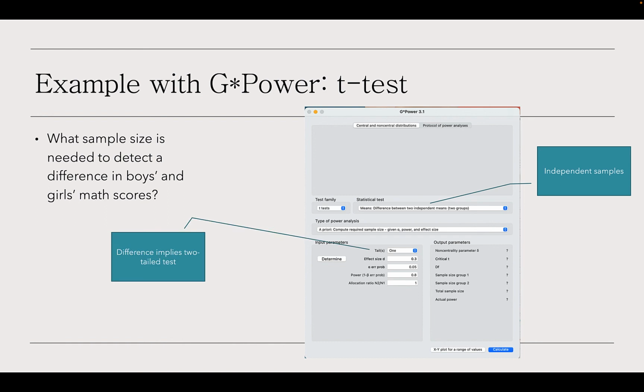All right, and here we're only interested in a difference in boys' and girls' math scores. So we would want to change the tail here from the default of 1 to 2, all right, because again, we're just interested in a difference.